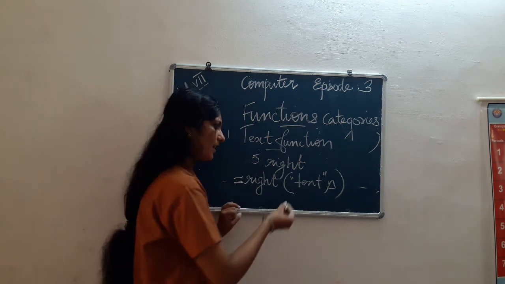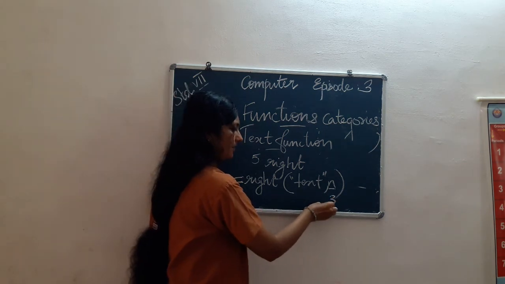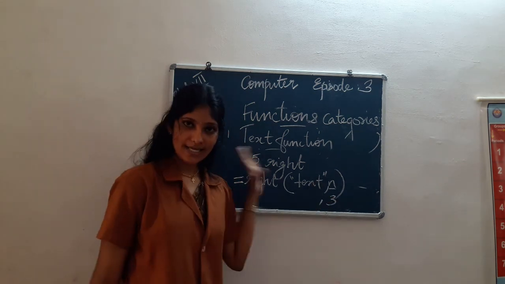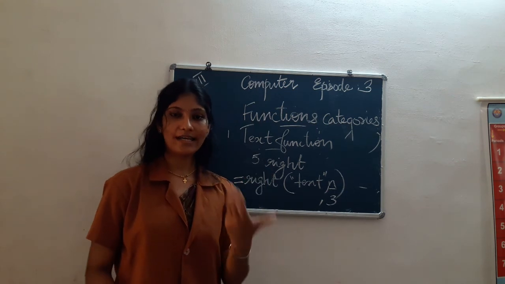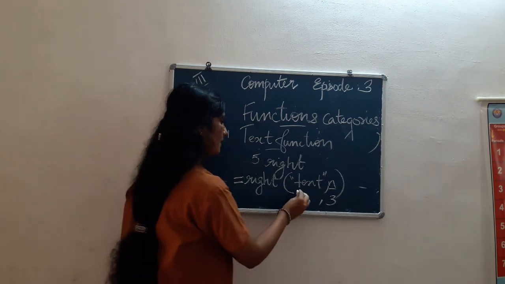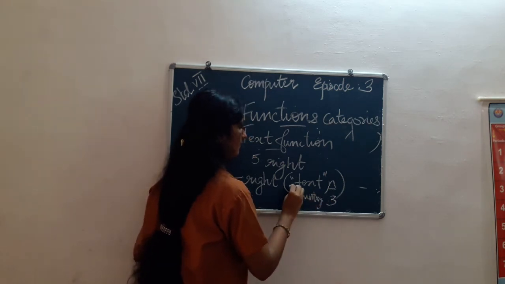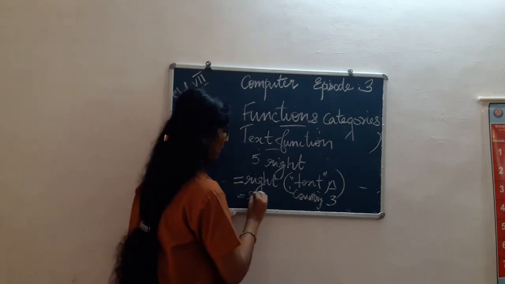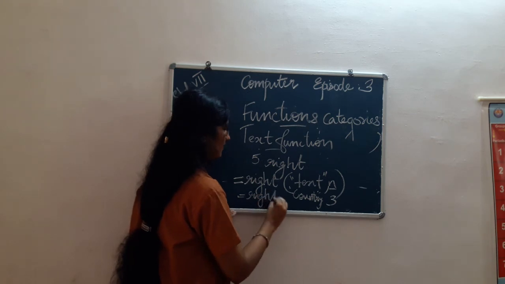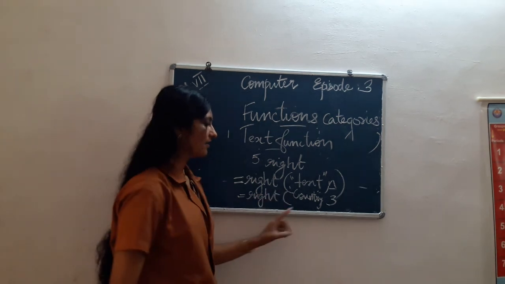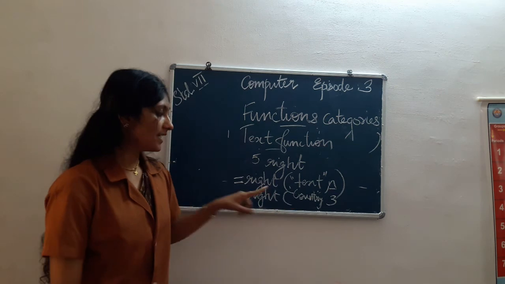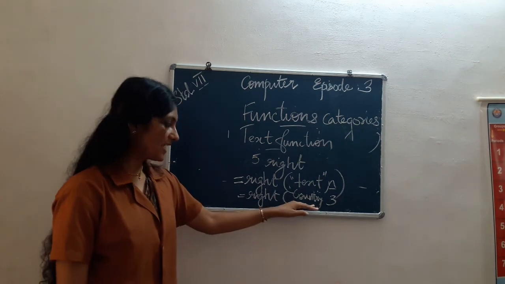For example, just count 3. And text means the text you are entering as input. For example, the text here is country. So the example is right of country, comma 3.